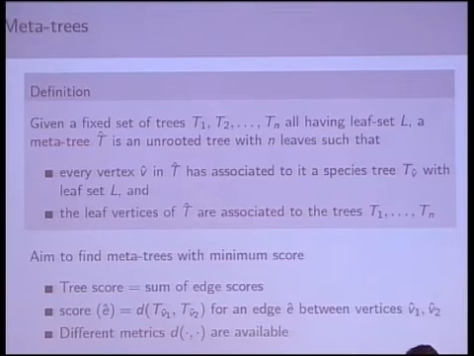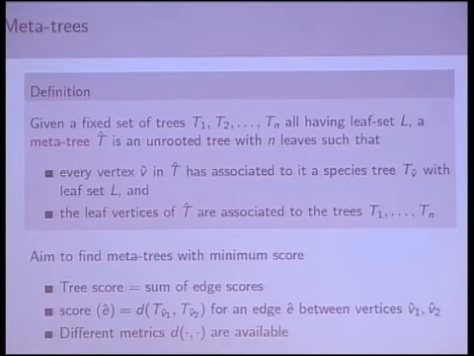I'm going to give a score to every metatree, and I'm going to be looking for an optimal metatree. So I'm going to score metatrees by adding up edge scores. So I'm essentially scoring each edge, and then I sum the edge scores. And the edges are scored according to the similarity between the tree topologies at each of the edge vertices.